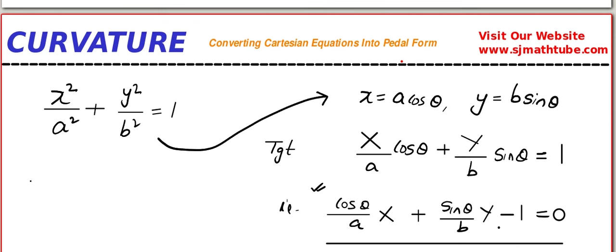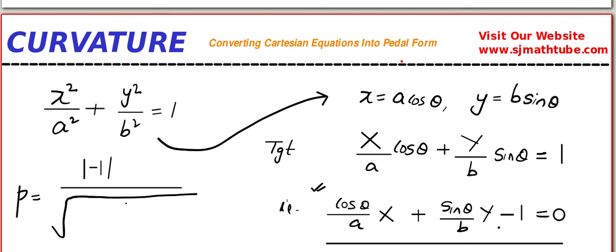Okay. Now, what is the definition of p? p means distance between origin and the tangent, and it is given by modulus of constant divided by root under coefficient squares. So cos square theta by a square plus sin square theta by b square.